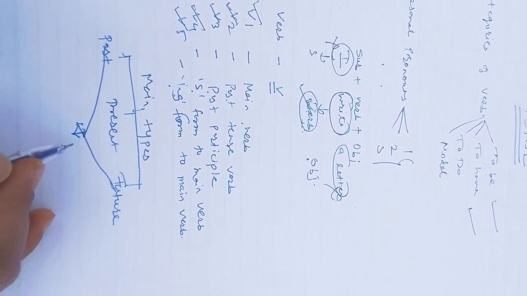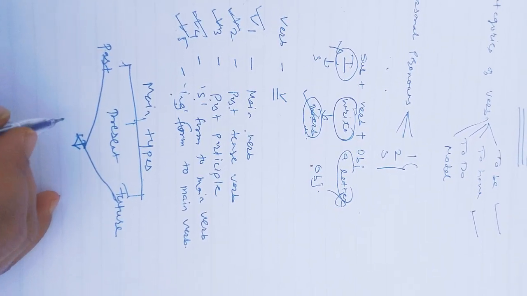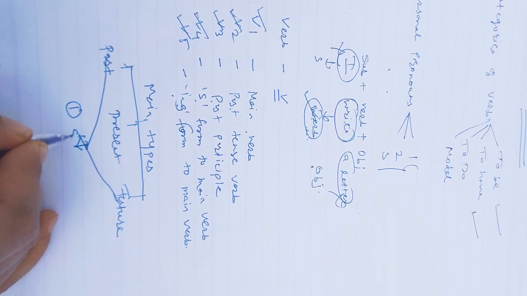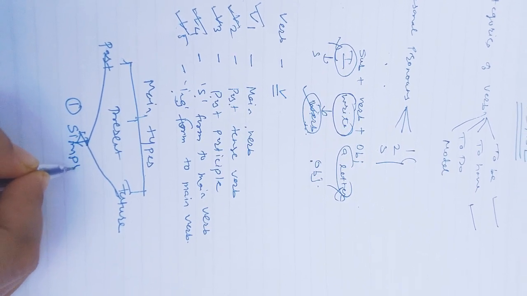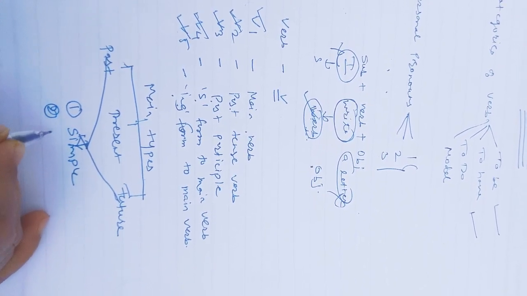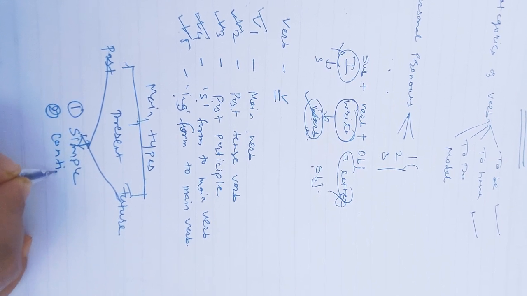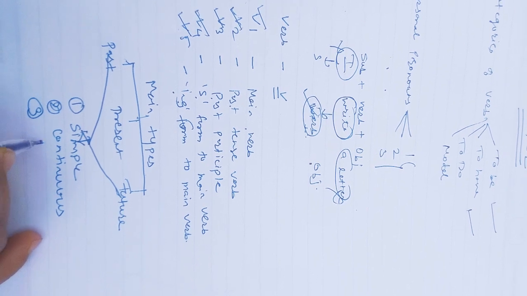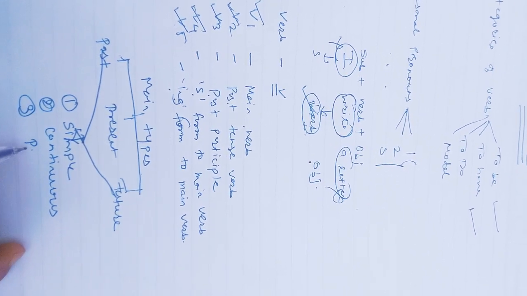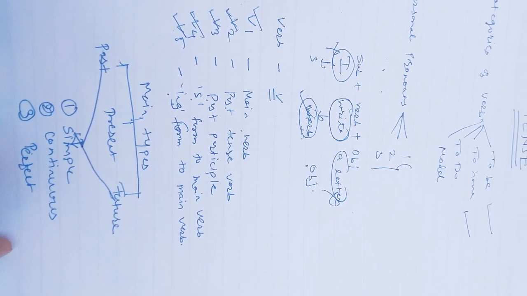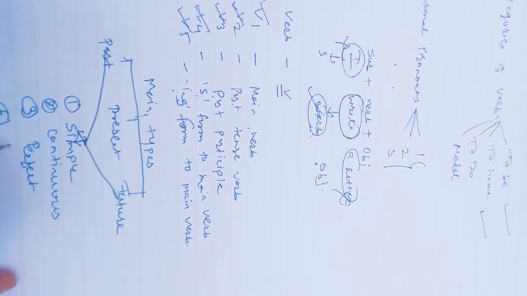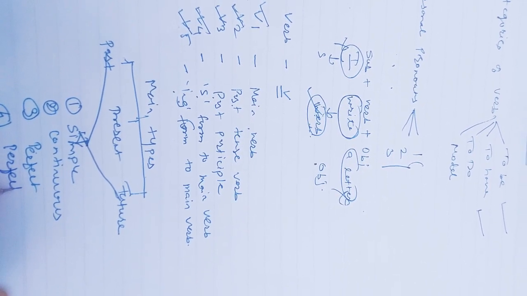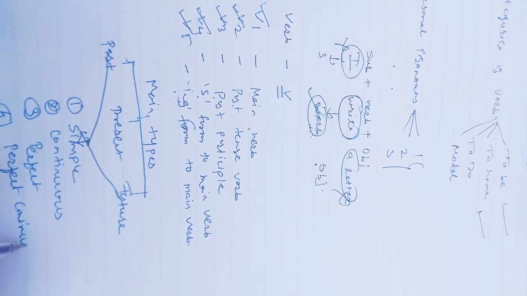to all these tenses. The first one is simple, the second one is continuous, the third one is perfect, and the fourth one is perfect continuous.